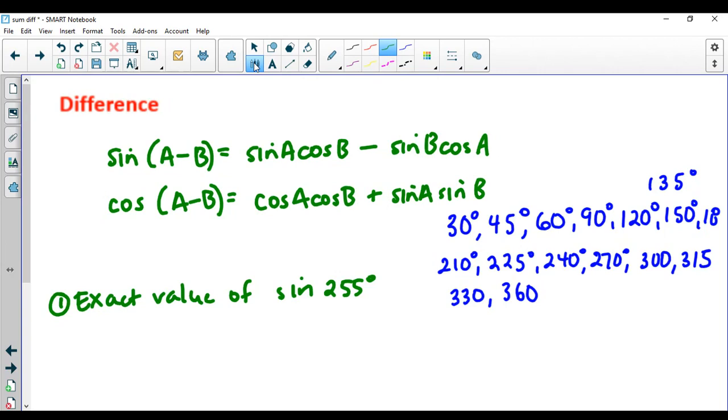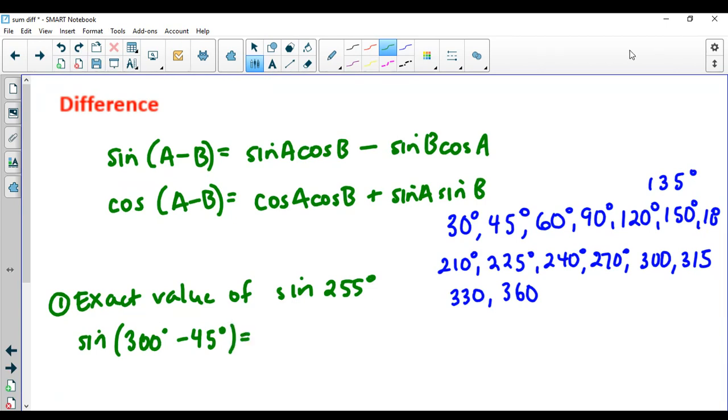You can ask yourself, 360 minus 30? No, there has to be a 5 involved. So you would go through a few options. And there's one that I already found, the sine of 300 minus 45.